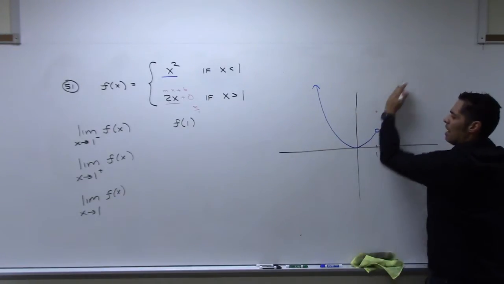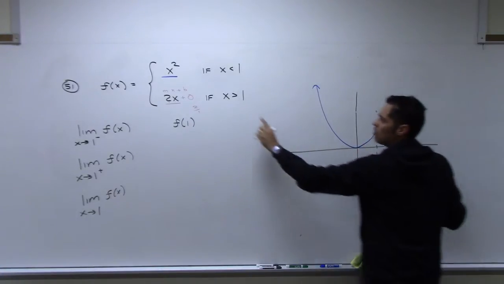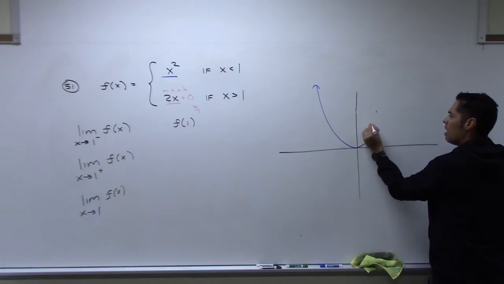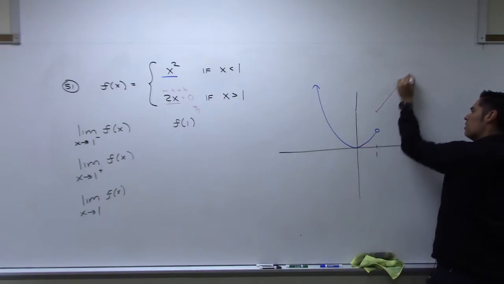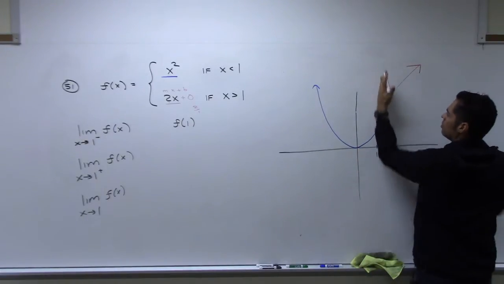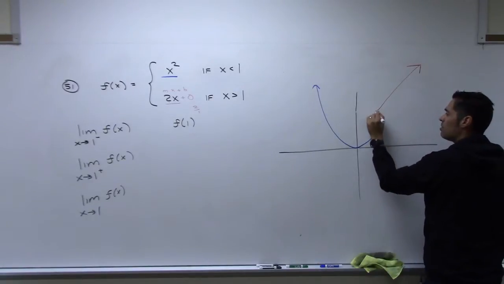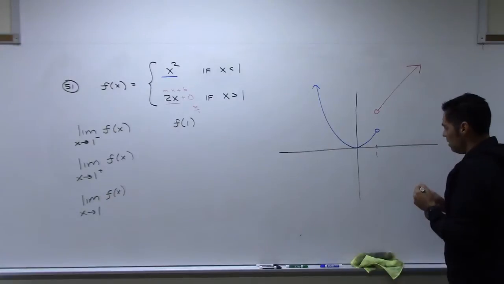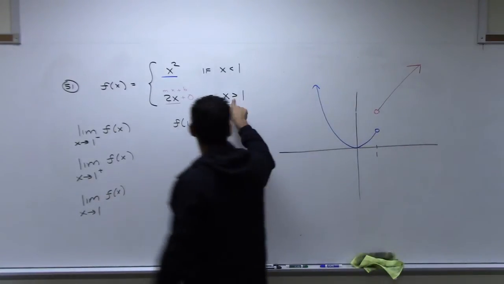And then I would draw a line. However, I only want to draw the line to the right of 1. So I don't want to draw this. I only want to start picking it up from here and drawing that line. So to the right of 1, I'm drawing the line. And also notice that here is an open circle. It's an open circle because there's no equal sign here.